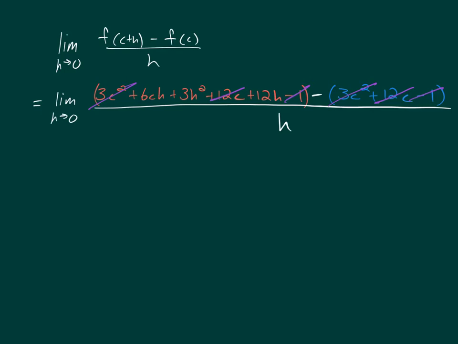And that leaves you with the following limit. Here we have the limit as h approaches 0 of 6ch plus 3h squared plus 12h all over h. And one thing that I should be mentioning throughout this example is that if you try to substitute 0 in for h in this original expression up here, you'll end up with the indeterminate form 0 over 0, which means that we can simplify this somehow.